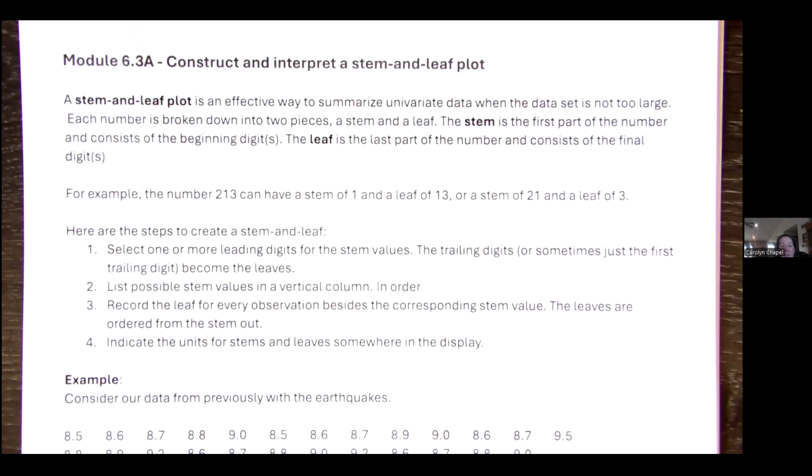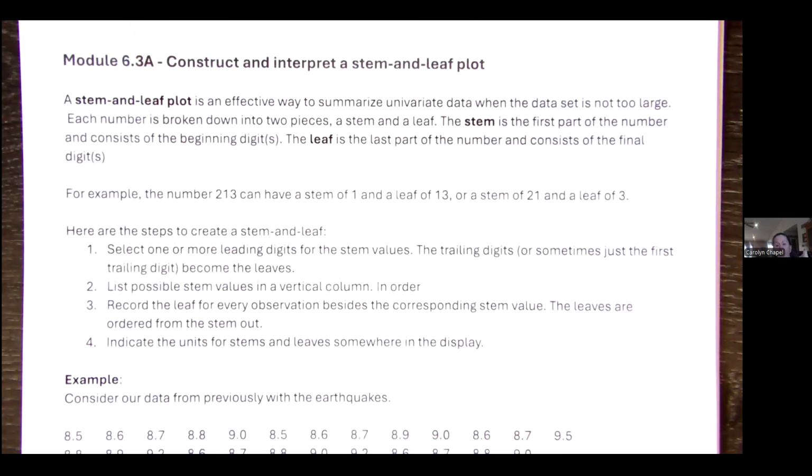There are two parts when you create a stem and leaf. You keep every single piece of data; we're just ordering it in a nice systematic way. These are done using numerical data. You take your data point and break it up into two parts.